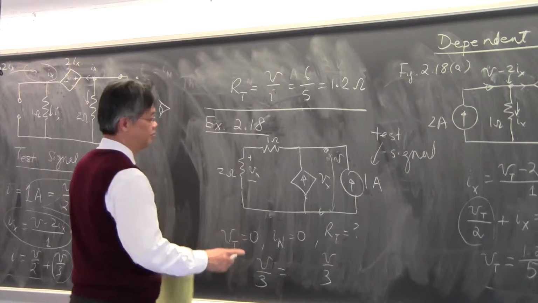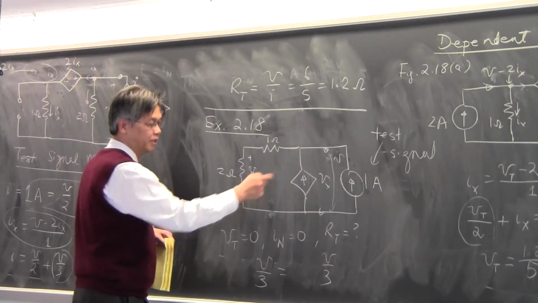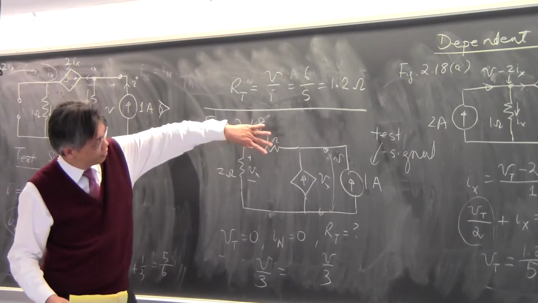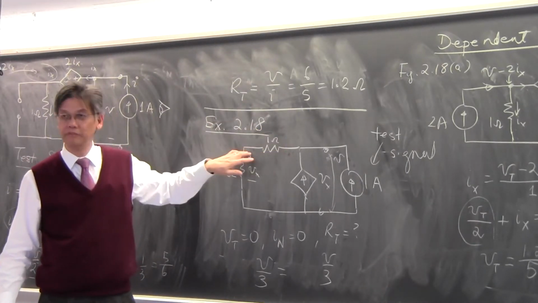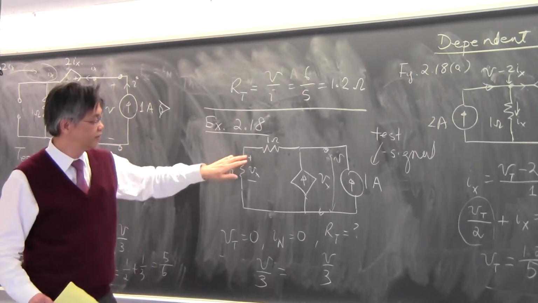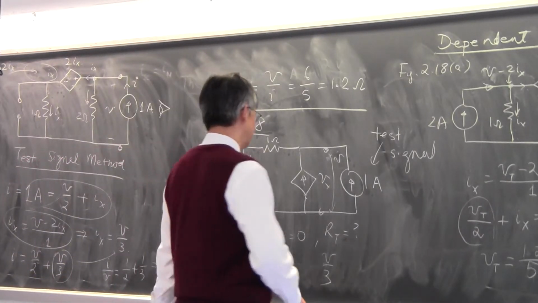Let me say that the voltage drop from here to here is V. The voltage drop across the 1 ohm resistor will be V over 3. Does everybody agree? V over 3 is the drop across the 1 ohm resistor.